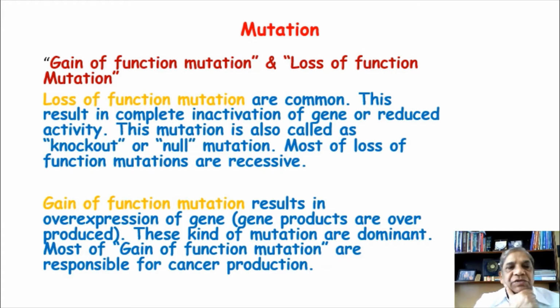Now we come to the second type of mutation, the gain of function mutation, where new functions are acquired after the mutation or change in the gene. This results in overexpression of the gene. The gene is producing more, gene products are overproduced, and that is also sometimes harmful. These kinds of mutations are mostly dominant, and most gain of function mutations are responsible for cancer production.